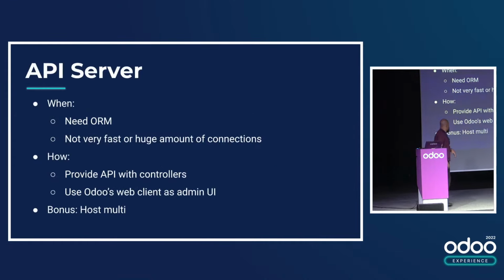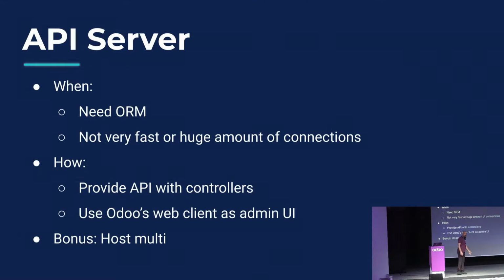For the API server, I'm not talking about the golden hammer. Some of you can still, if you really want, use Django. But other than that, when we use Odoo, when we need an ORM, if you're not storing data, don't use Odoo. Just use a small Flask something. And if you're making Facebook, Odoo is not good for you.